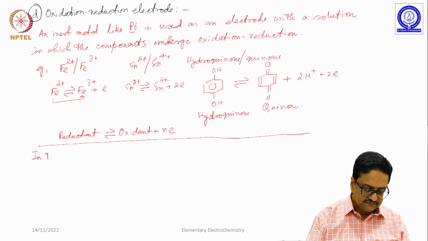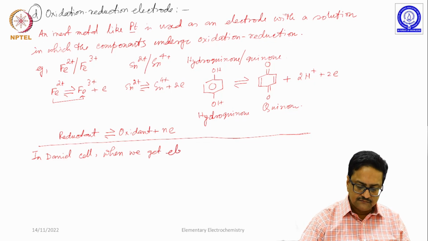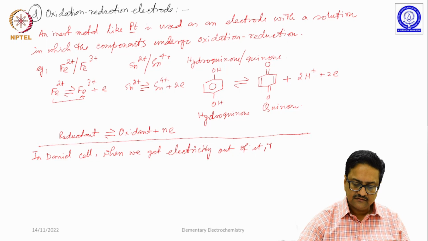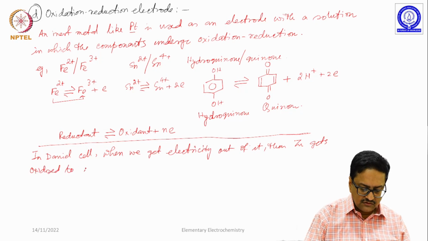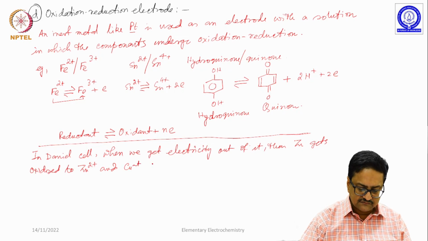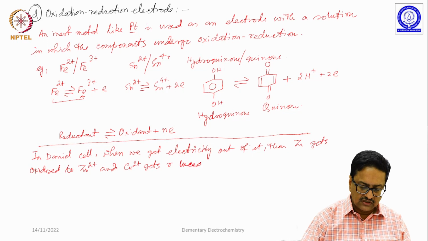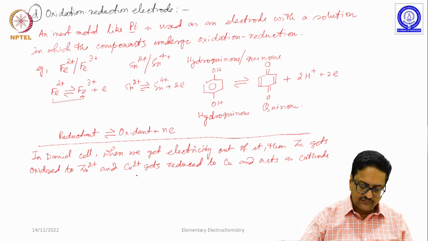So in the Daniell cell, when we get electricity out of it, Zn gets oxidized to Zn2 plus, that is a metal-metal ion electrode, and copper 2 plus gets reduced to metallic copper and acts as cathode.